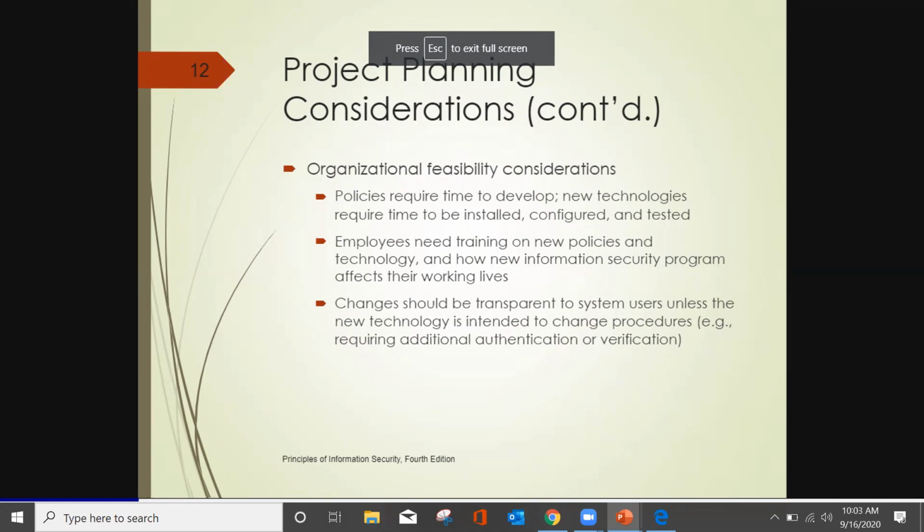You also need to make sure that the changes you make are visible and understandable to all the users of the system. Sometimes you require additional authentication or verification to ensure that the people who are supposed to make the changes, or the purchases, are the only people doing that. All of this is very, very critical as part of a project plan.